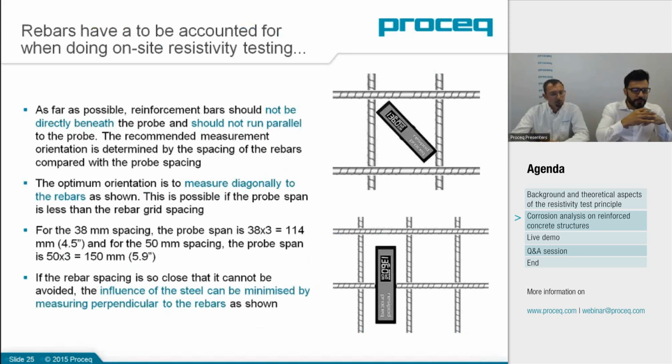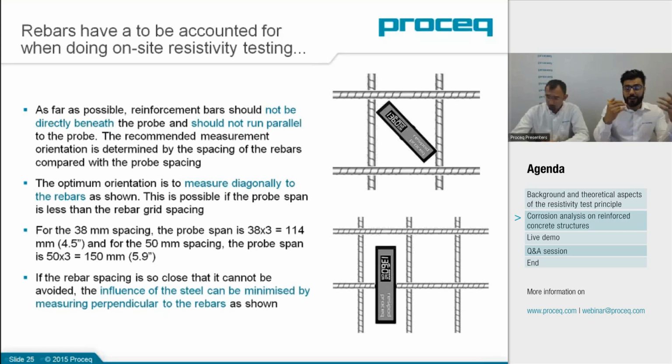The best way is to make sure the rebars are not directly beneath our probes and do not run parallel to our resistivity probes. As much as possible, we should try to measure diagonally to the rebars. Based on the location and intensity of the rebars, we can use either the 38 millimeter spacing probe or the 50 millimeter spacing probe.